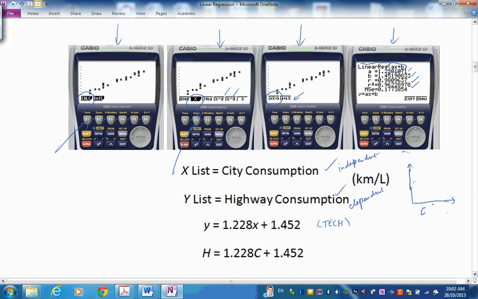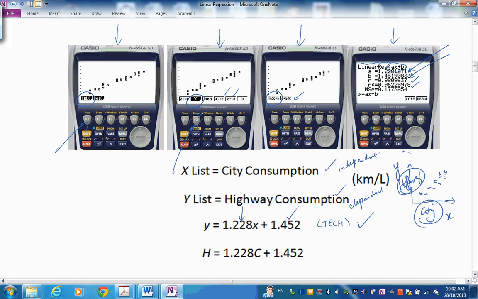This is city and this is highway, and it's a pretty tight model, pretty tight up here. But the calculator calls this X list, and this Y. So it comes with this formula, and I've plucked this number out, 1.228. There it is up there, and 1.452, as the values fitted by the calculator under what's called a linear regression model, least squares regression. We need to look at that in a minute and see what's going on.